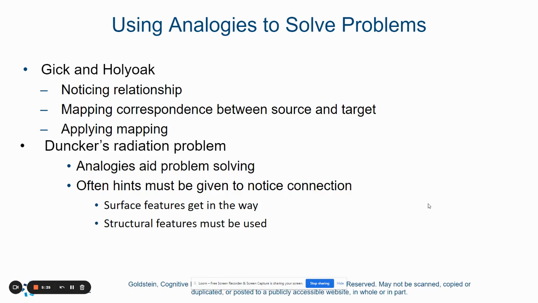That's when you notice the relationship between two things and you're able to map correspondence between the source and the target. These analogies can aid in problem solving and also offer hints of something else that should be noticed. There could be surface features that get in the way. There could also be structural features that play a role in understanding of the analogy.